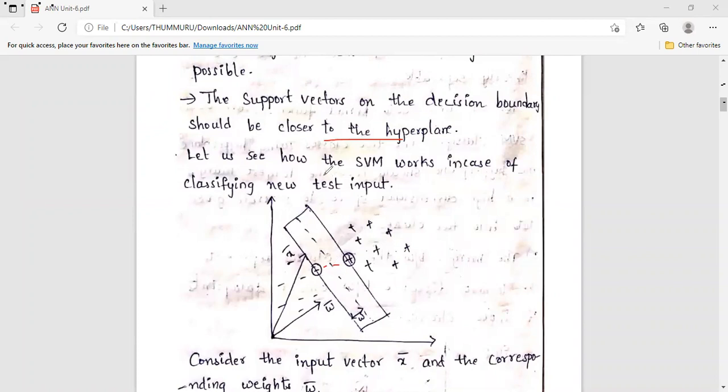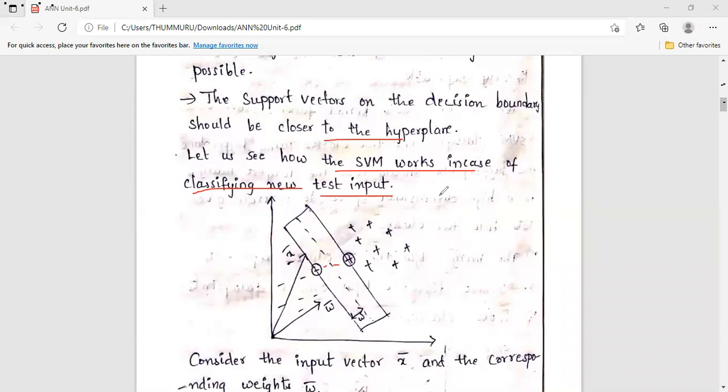Let us see how the SVM works in classifying a new test input. Now we are going to see the working of an SVM.